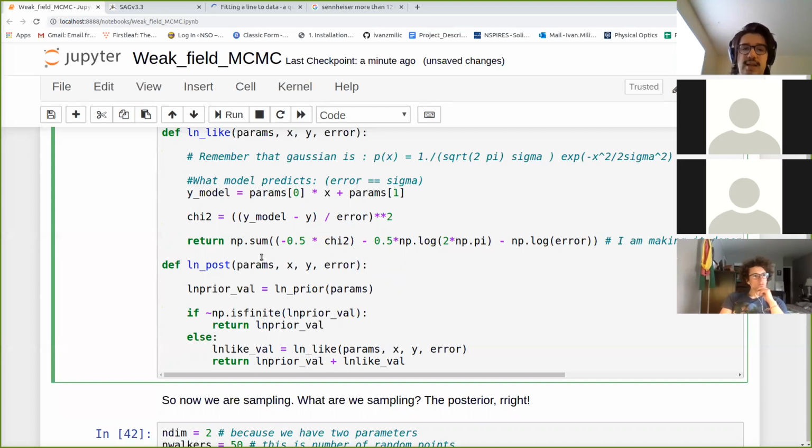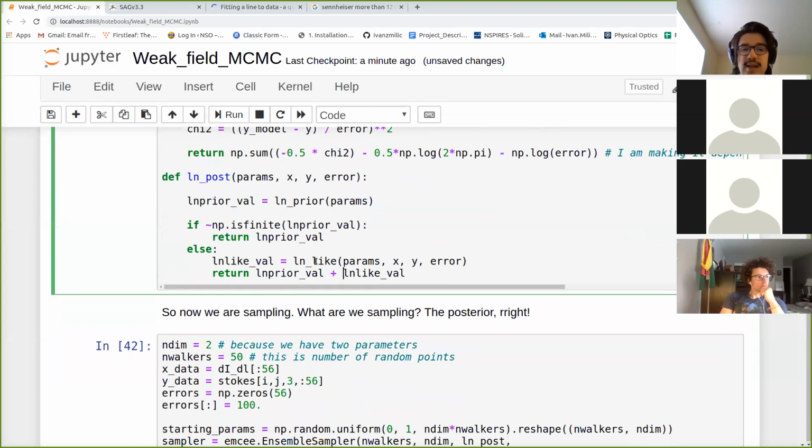Bayes' theorem says that the posterior probability is equal to the prior probability times the likelihood divided by a normalizing factor. Since the normalizing factor is the same for all combinations of parameters, I'm ignoring it. So I never have to calculate explicitly the value of my posterior probability. I just have to find where it reaches the maximum. Okay? And now we're going to start sampling.